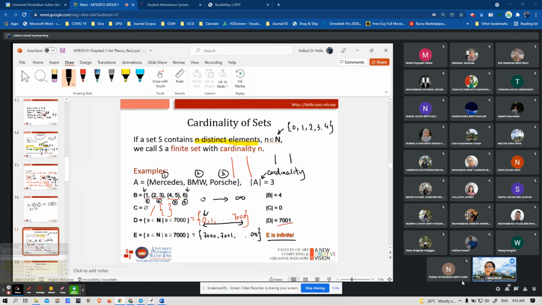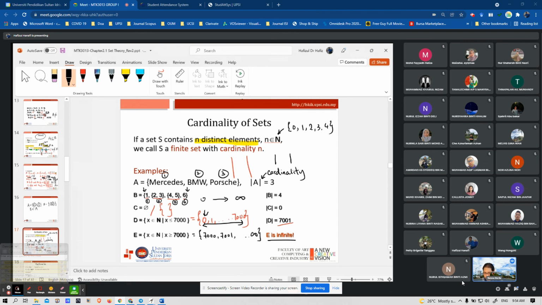Okay, and then we have cardinality of a set. Cardinality is basically the number of elements. For example, if a set S contains n distinct elements, meaning you can count 1, 2, 3, 4, 5, and so on, where n is a member of the natural numbers, we call it a finite set with cardinality n.